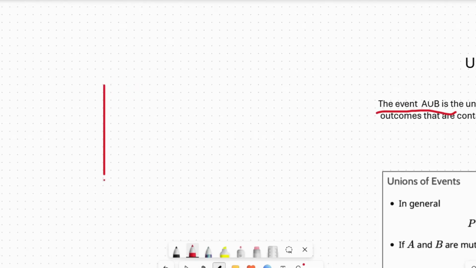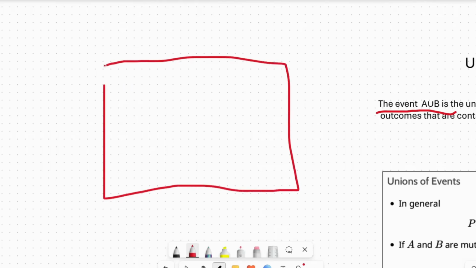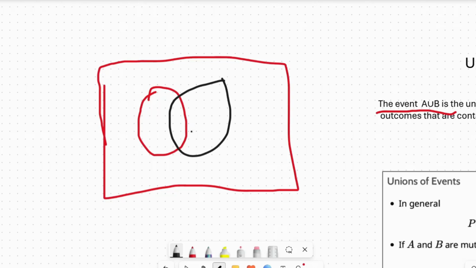Same, we draw this is A and this is B. So all the values of A, and this is B, so the combination of all values of A and B. We write this using this notation.